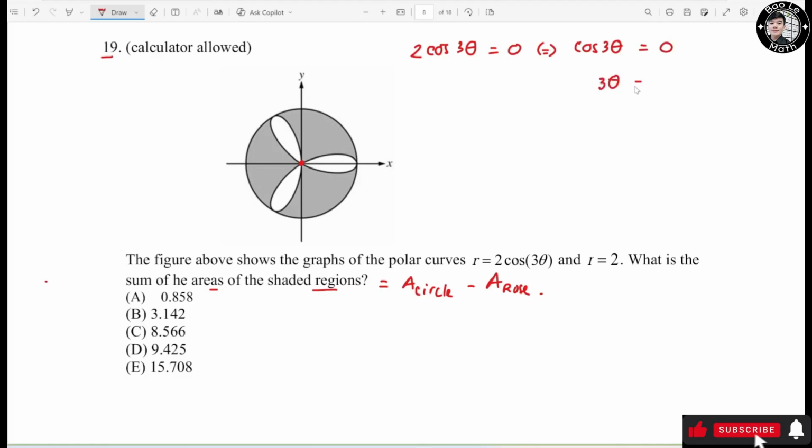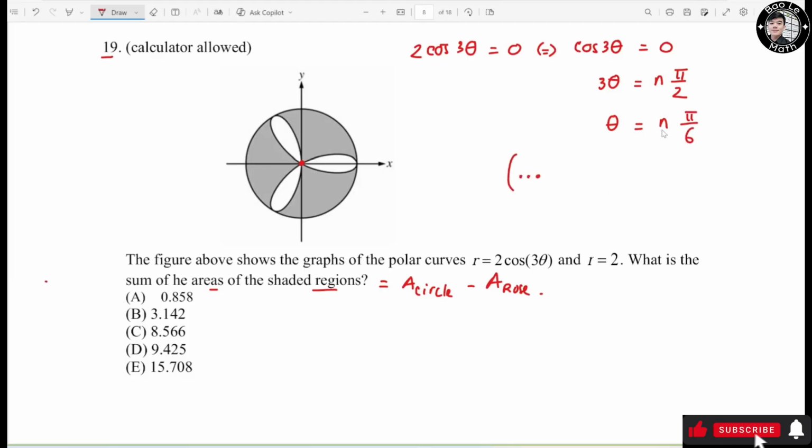3 theta equals n pi over 2, right? n could be positive, could be negative integers, right? So theta equals n pi over 6, right?